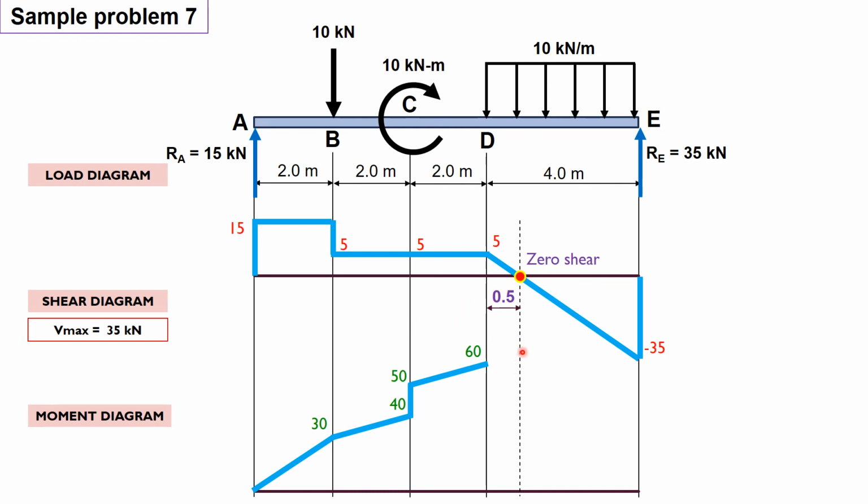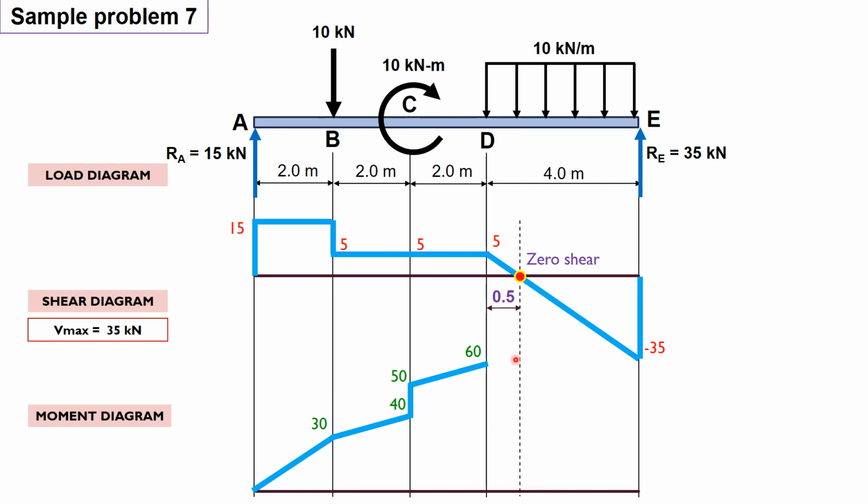So to get the moment here, from 60, punta ka dito, at makikita mo, meron kang positive area dito because you have positive shear na 5 to 0. So this is a triangular area. So to get the moment here, so you have 60 plus this area.